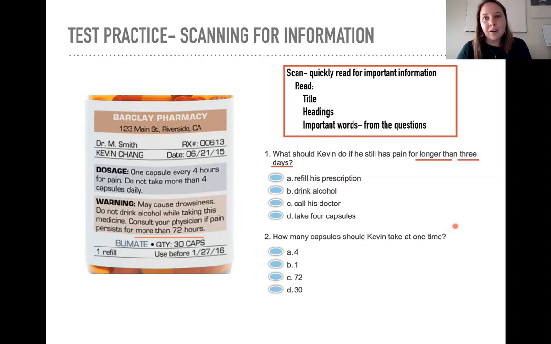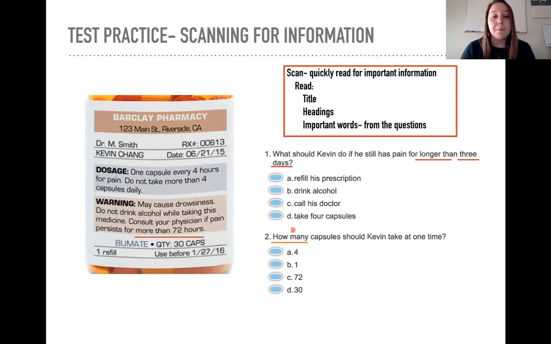So what do you think are some important words in that question? How many would be an important word. It's the question word so that you know what you're looking for.